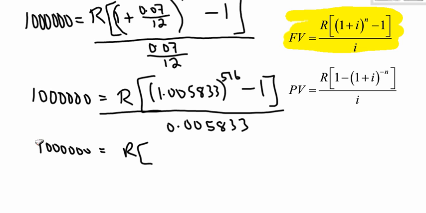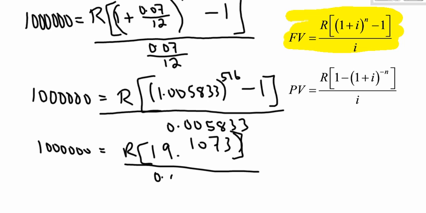So $1 million equals R times. I'll take 1.005833 and put that to the exponent 516, and then immediately subtract 1. So I get 19.1073, and that's divided by 0.005833.